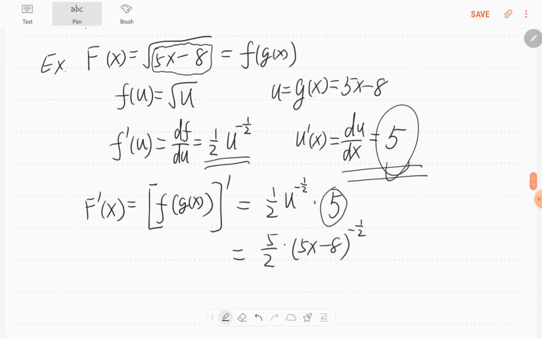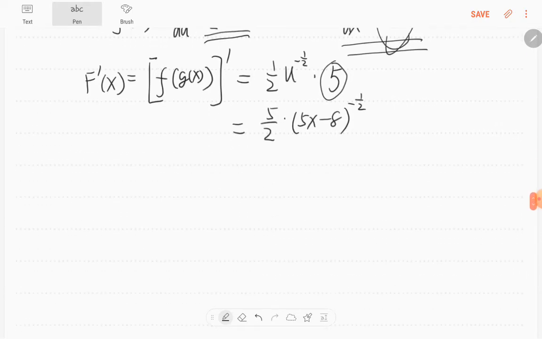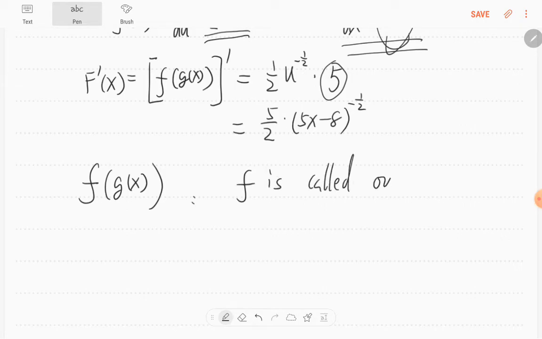So if you have the composite function f of g, here f is called the outside function and g is called the inside function.